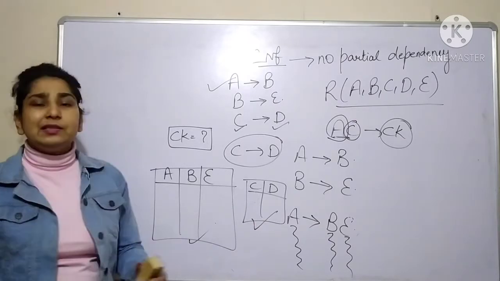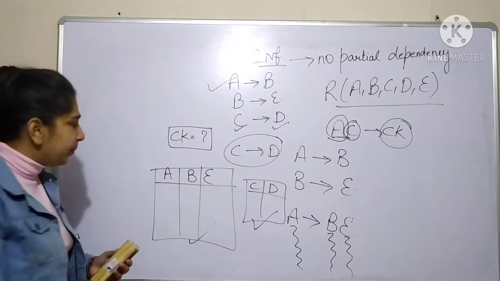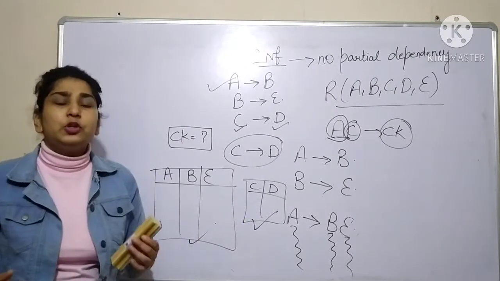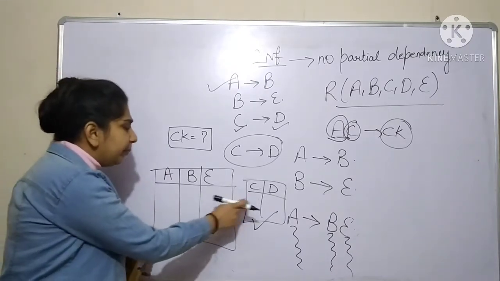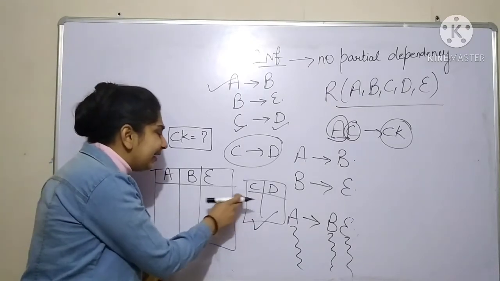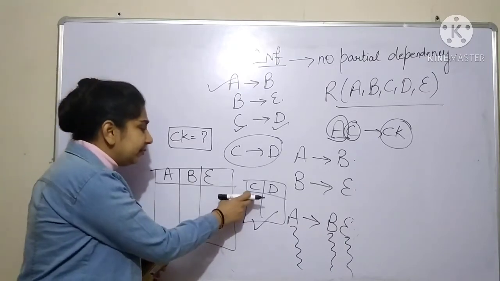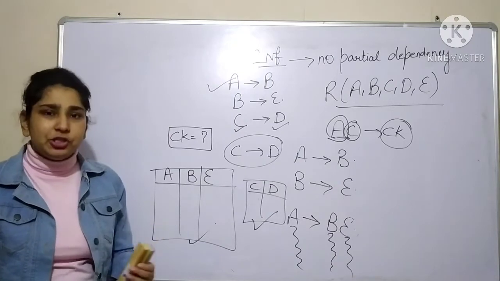Till now there is no kind of connection or relationship present between these two relations. There is actually no point in decomposing a relation into many relations if there is no kind of relationship. So definitely the different tables should have some relationship.